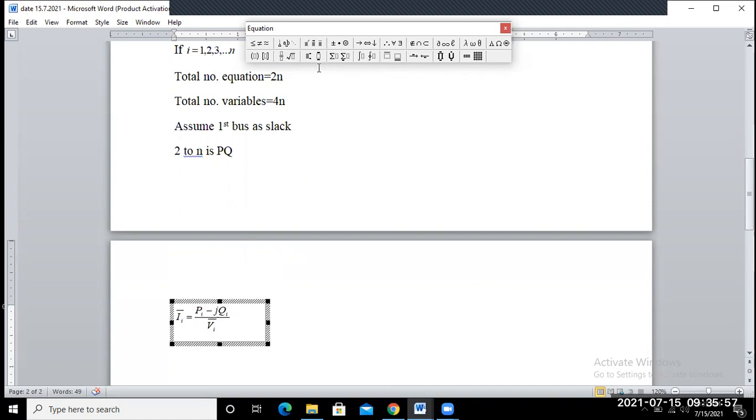Or maybe II can be written as the summation of k equal to 1 to n, YIK VK.